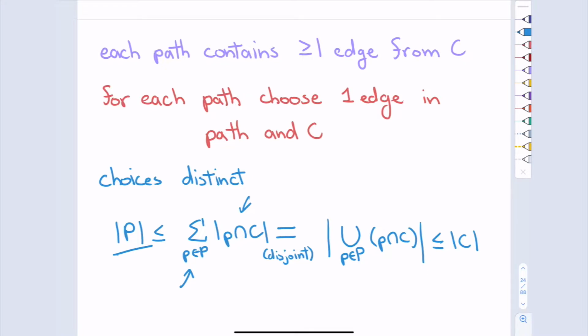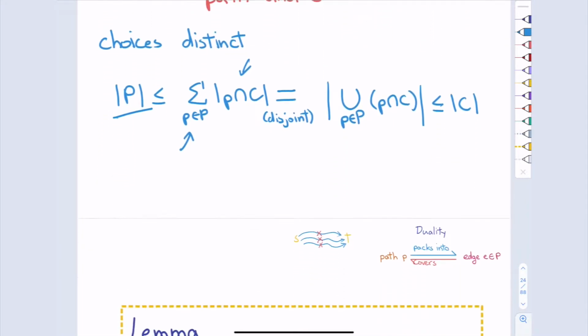So actually you would get equal to, sorry. Then you get the union of the intersections, and that's at most the size of the cut. No big deal, should be intuitive.